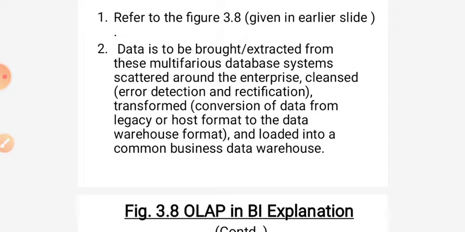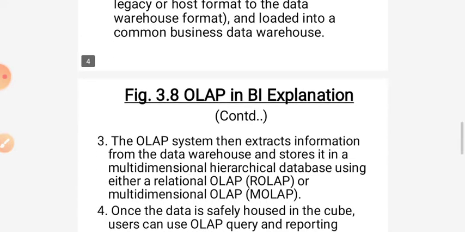Transform means conversion of data from legacy or host format to the data warehouse format. So it is put in the proper format required for the data warehouse, and further loaded into the common business data warehouse. So data from various operational or transactional databases is extracted, cleansed, transformed and loaded into the business data warehouse.